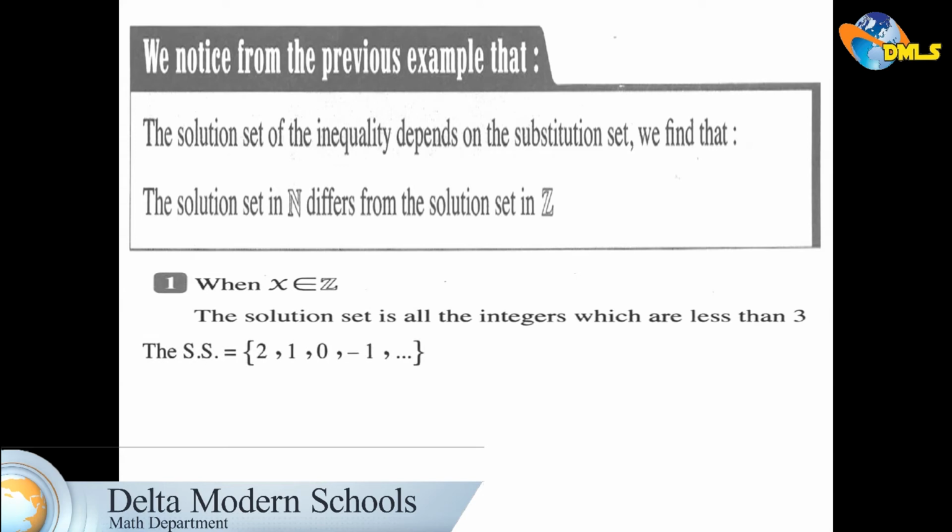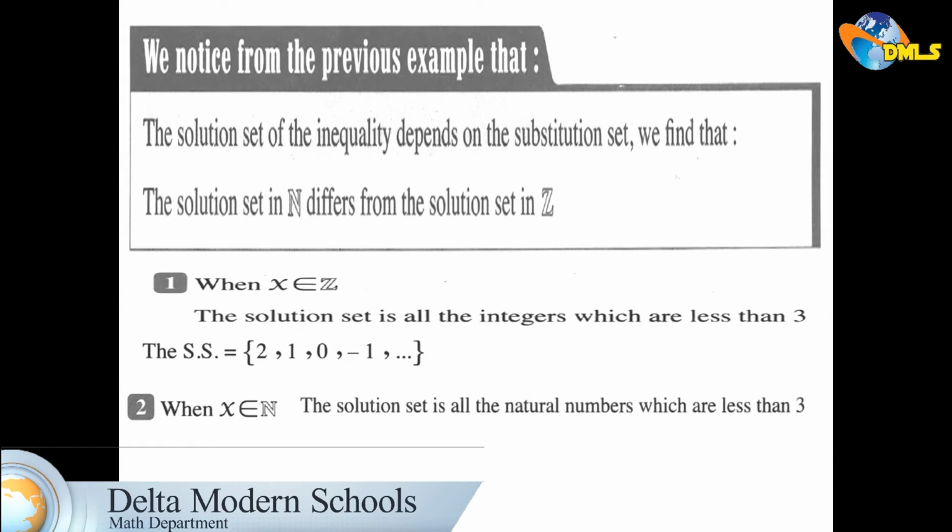So, the solution set is the set of 2, 1, 0, negative 1, and so on. Number 2, when x belongs to natural numbers, the solution set is all natural numbers which are less than 3. So, the solution set is equal to the set of 2, 1, and 0.